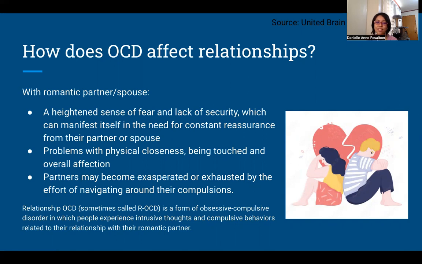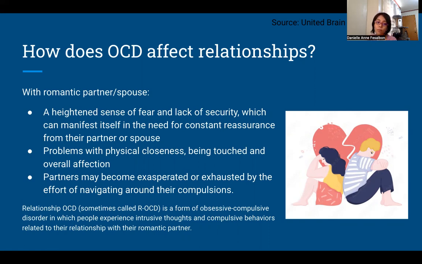Since they lack security, thinking maybe my partner or my spouse does not love me anymore, they have obsessions or compulsions that may hinder the things they can do with each other. So they may need a lot of constant reassurance that you're accepted, you're loved, I accept you even though you struggle with that.